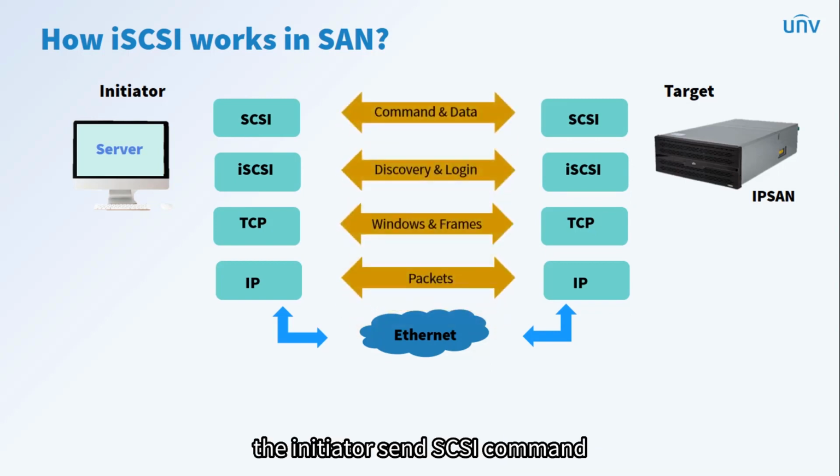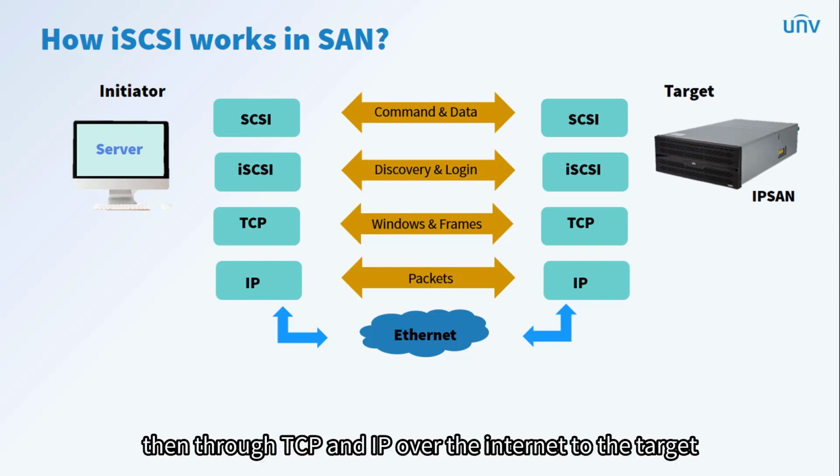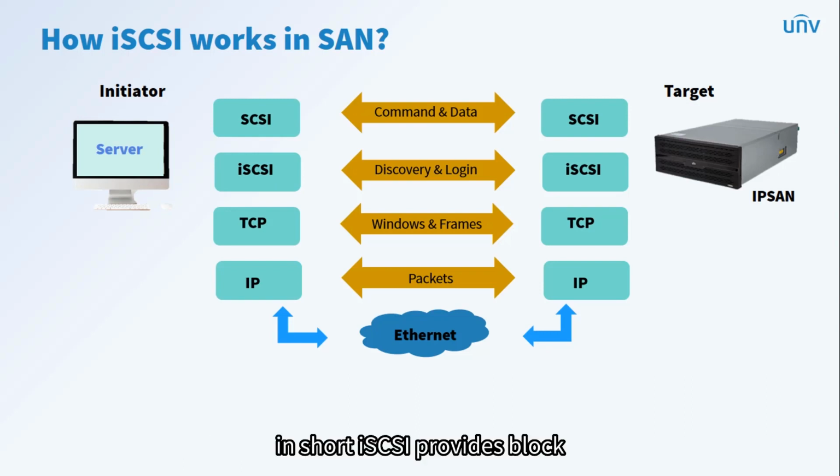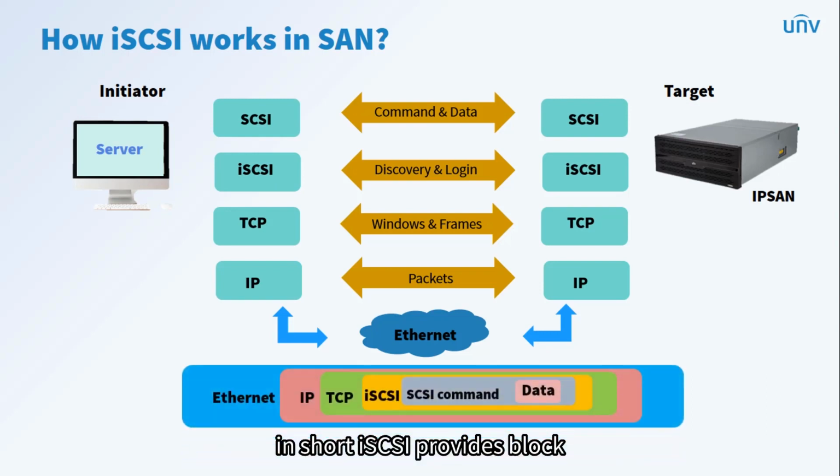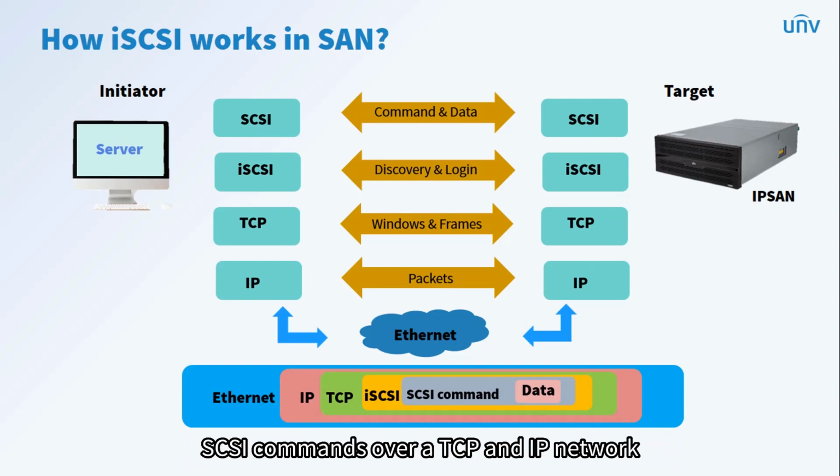The initiator sends a SCSI command, which is encapsulated in iSCSI, then through TCP and IP over the network to the target. In short, iSCSI provides block-level access to storage devices by carrying SCSI commands over a TCP and IP network.